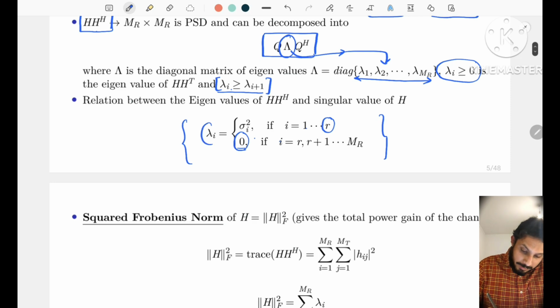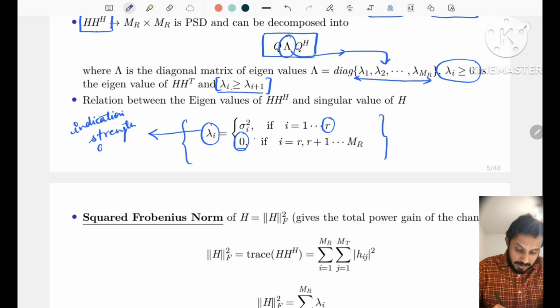And this lambda_i gives us an indication about the strength of the channel.